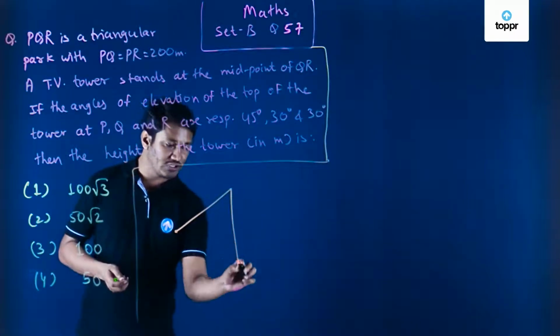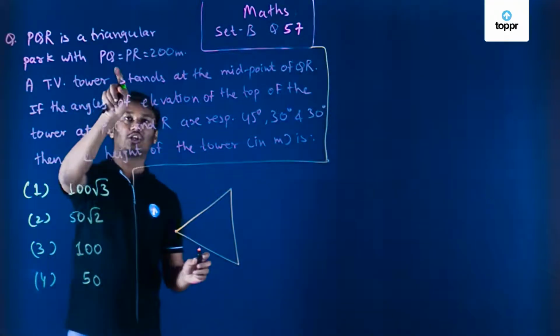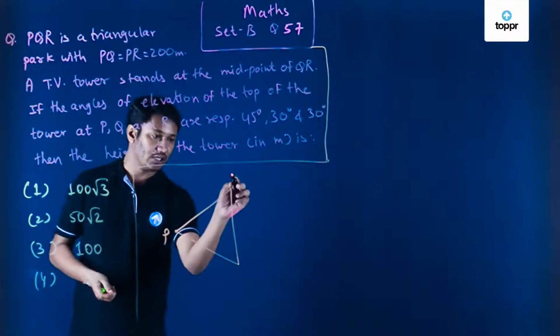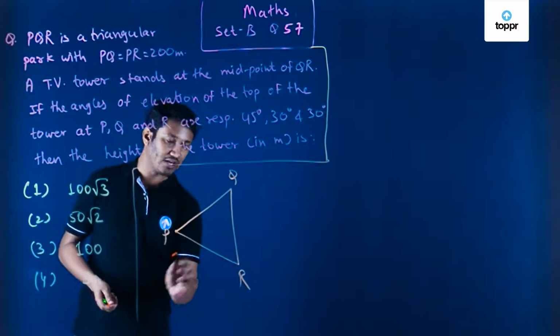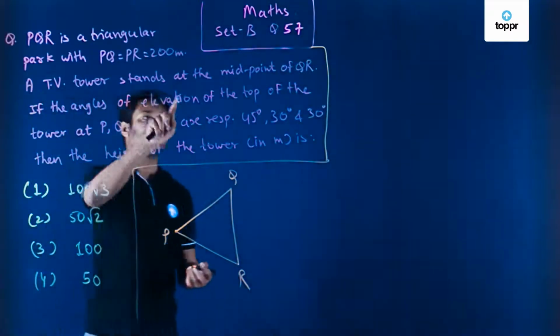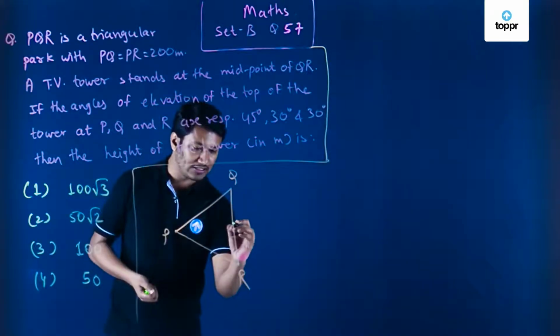So the question says there is a triangular park with PQ equal to PR equal to 200 meters. So let's say this is point P, this is point Q and this is point R. Then this PQ and PR, they are equal to 200 meters. Let's remember that. Now a TV tower stands at the midpoint of QR. So midpoint of QR will be, let's say somewhere here.